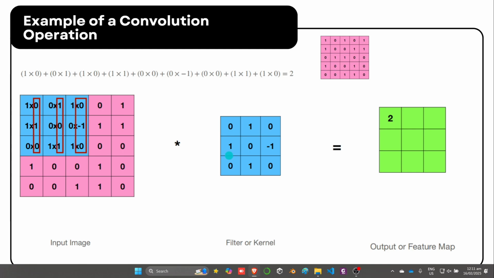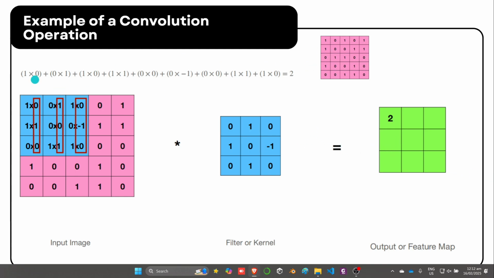As you can see, you can multiply this one. Here you have 1 times 0. Then what we have here is 0 times 1 and 1 times 0. And again, you multiply each corresponding block here.